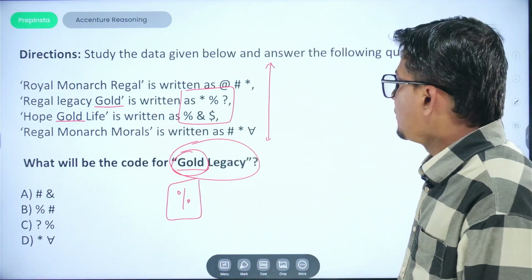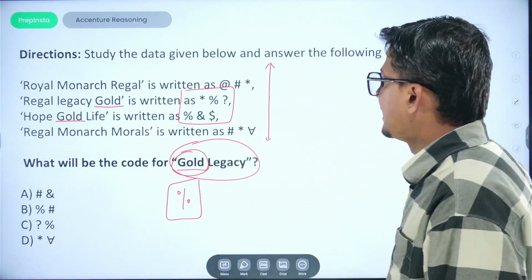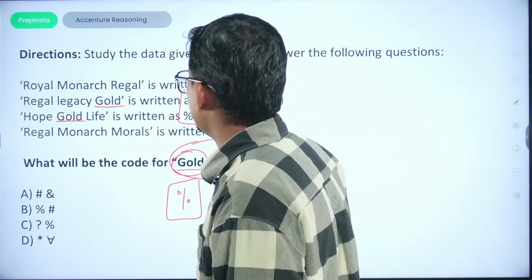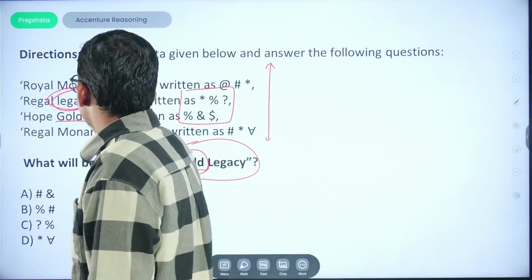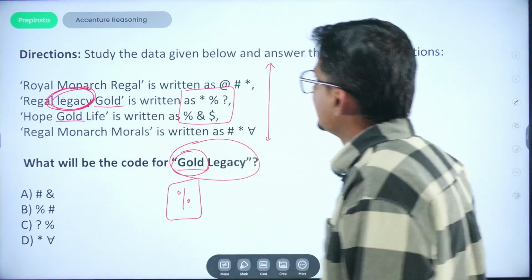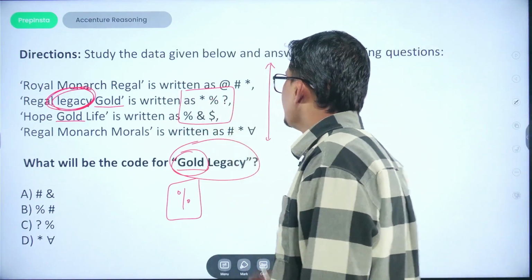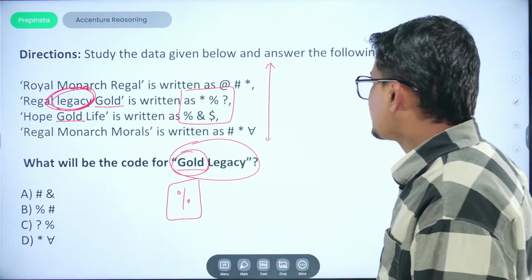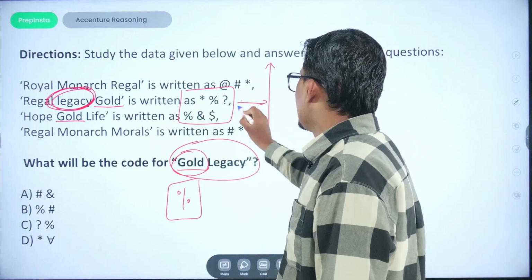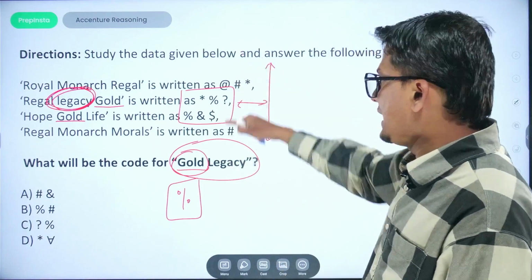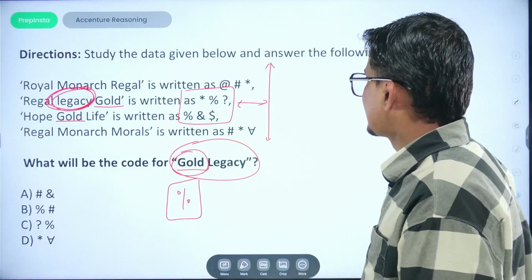Right. Now coming to the word legacy. Legacy is used in just the second sentence. That means the code for legacy must be that character which is used only in the second sentence, and it is not being repeated in any of the four particular sentences.